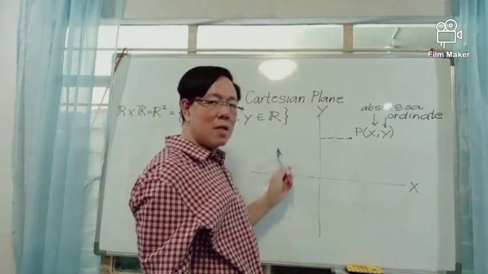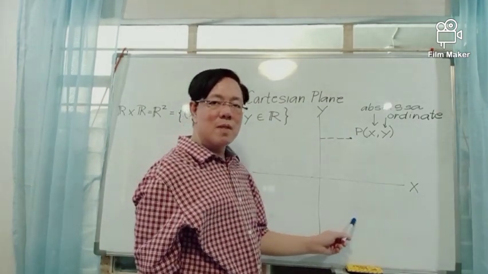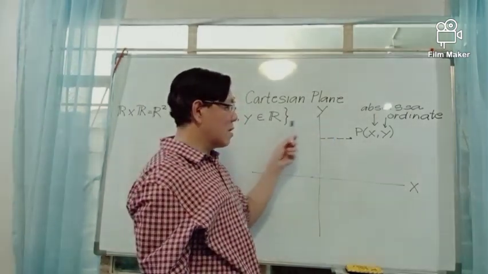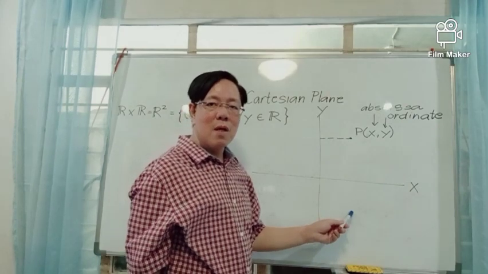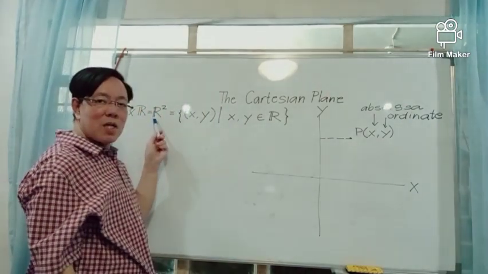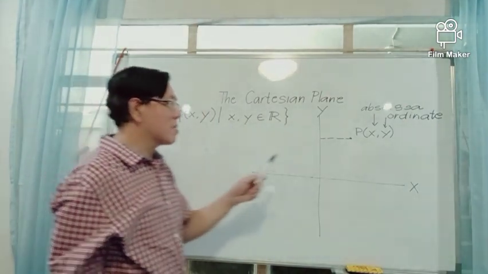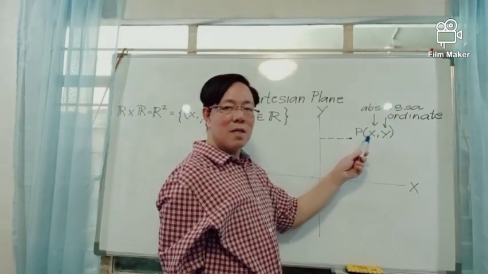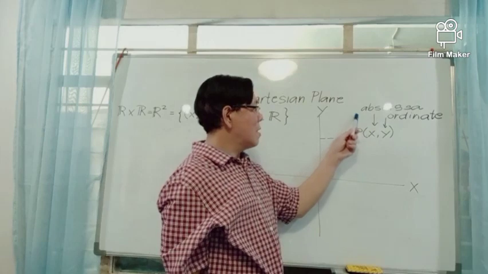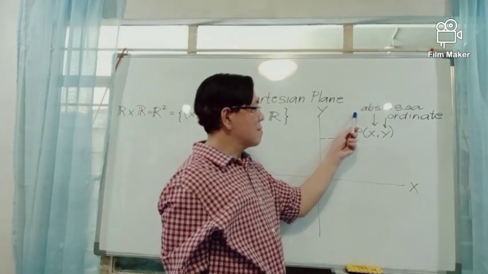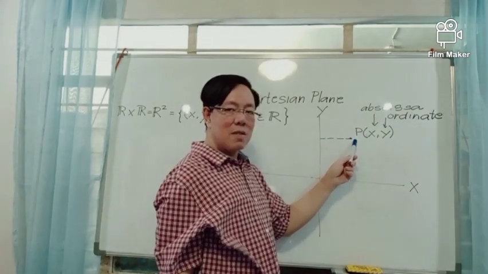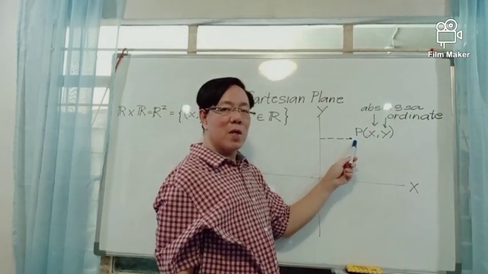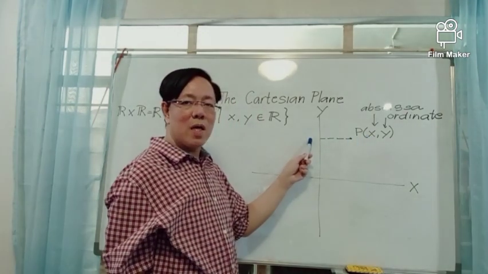Any point in the Cartesian plane, also known as the coordinate plane or the rectangular coordinate system, or the two-dimensional space R2, has two coordinates. The first coordinate is x. It is called the abscissa of point P.